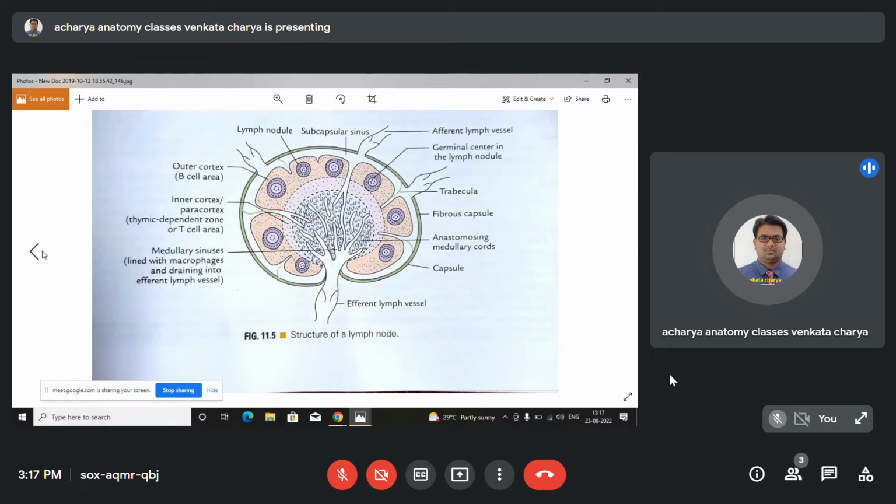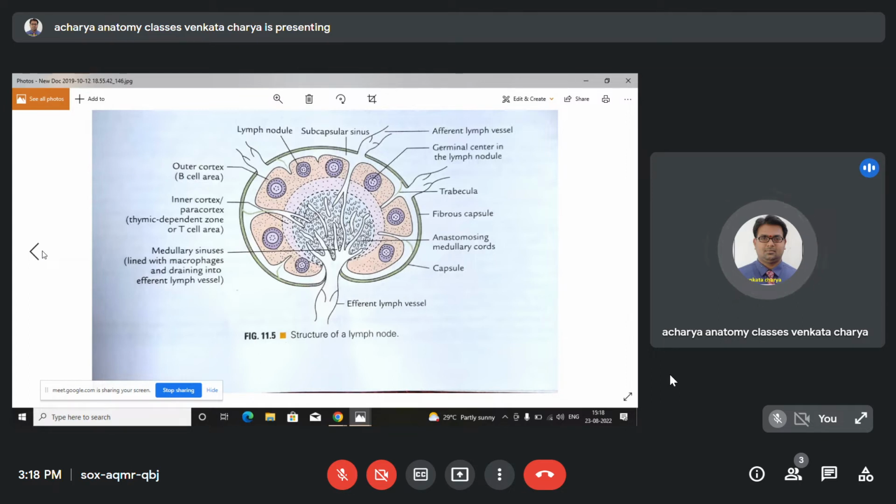Fully matured lymphocytes present here. And beneath the capsule there is an area called the subcapsular sinus. Subcapsular sinus. And here there is the presence of B lymphocytes.